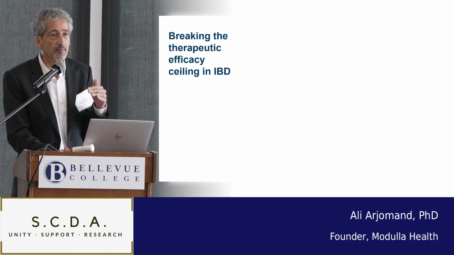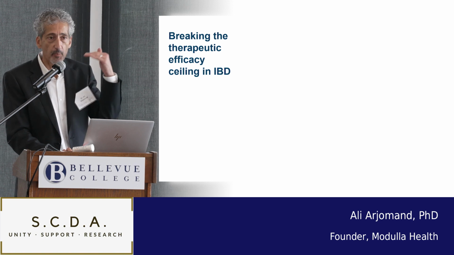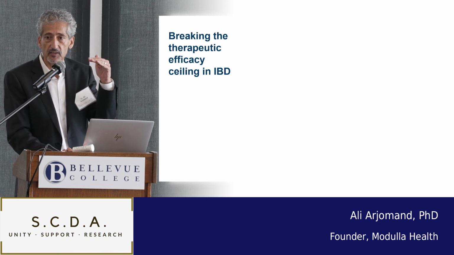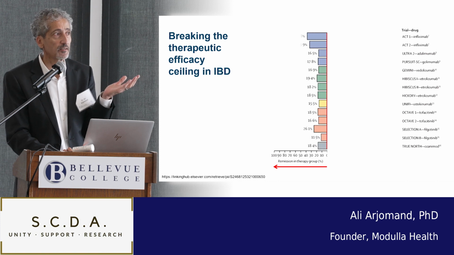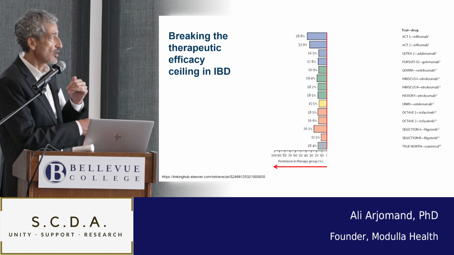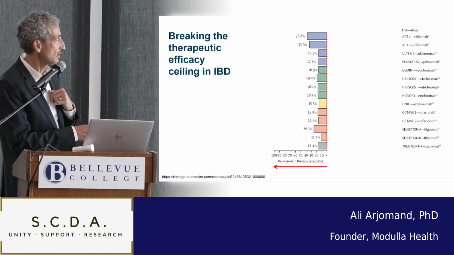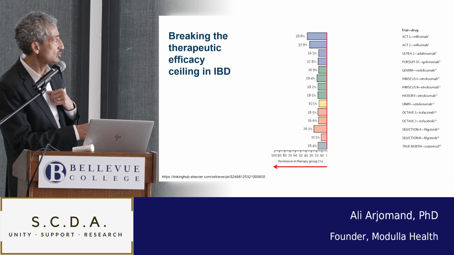So every IBD medication that's out there has an upper ceiling on how effective it is. Doesn't work for everybody, we know that. In fact, it doesn't really work for more than 35% of the population. So this chart shows you the efficacy of people on medications in these trials. These are all for ulcerative colitis.